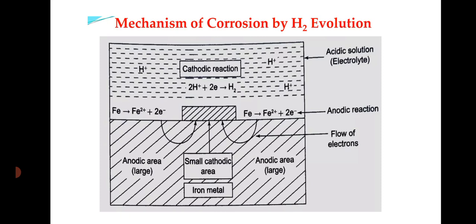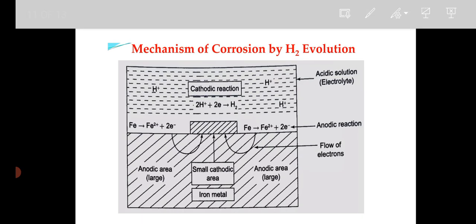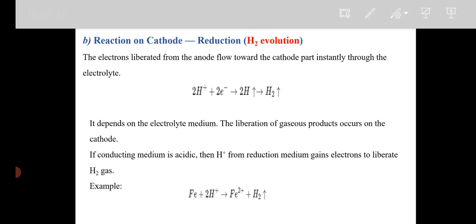As a result, the hydrogen ions are reduced to hydrogen gas, which is released in the form of bubbles. This reaction is commonly observed on exposure to acids such as hydrochloric acid and sulfuric acid, and the continuous removal of hydrogen allows the corrosion to proceed rapidly, making the acidic environment highly corrosive.